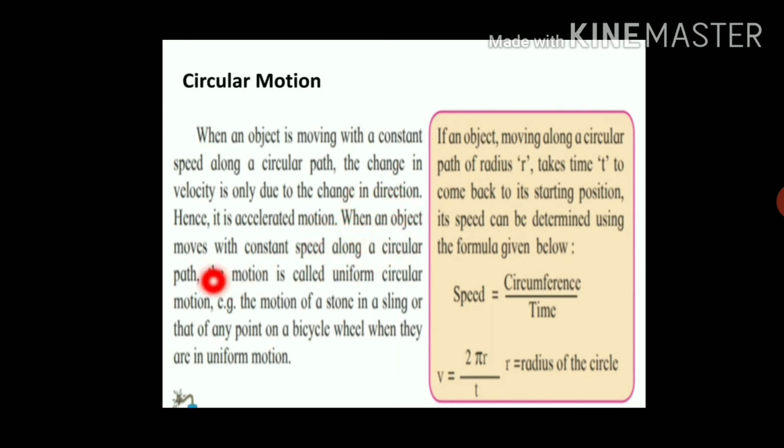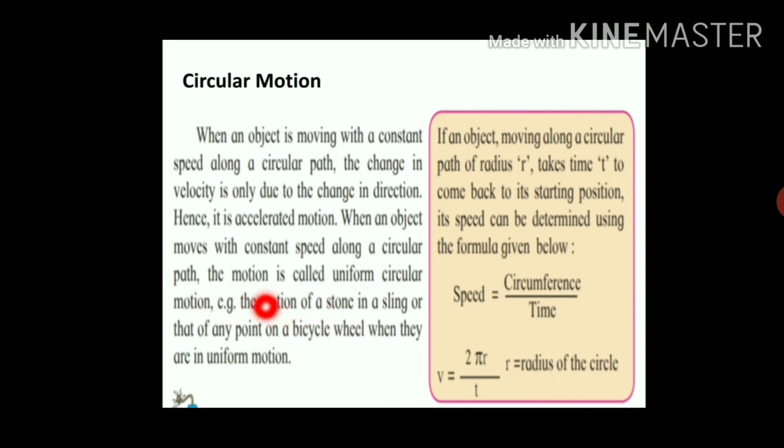When an object moves with a constant speed along a circular path, the motion is called uniform circular motion. This is the definition of circular motion. Again see, when an object moves with a constant speed along a circular path, the motion is called uniform circular motion.